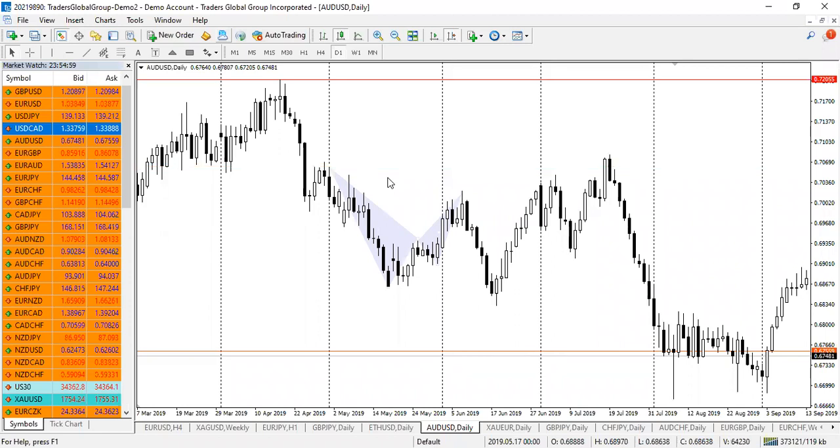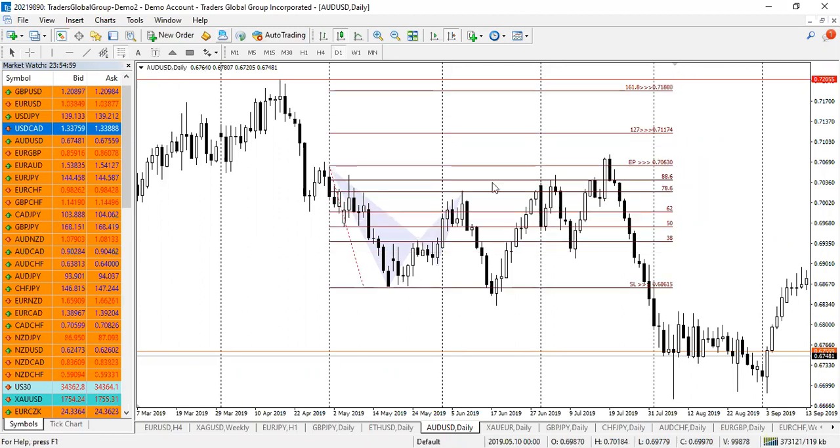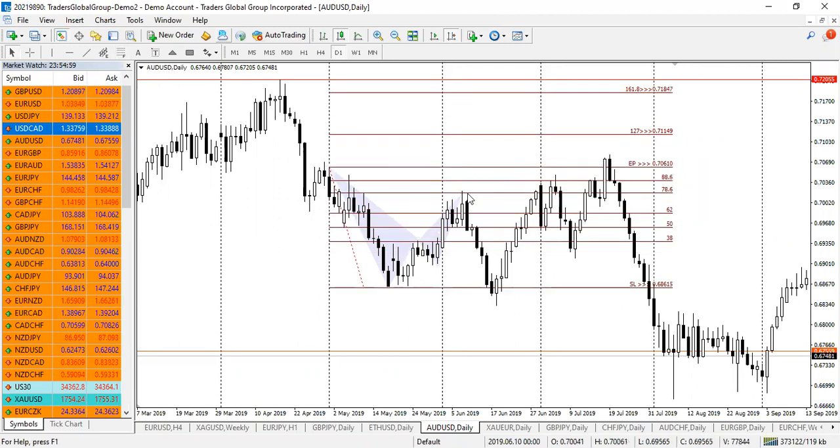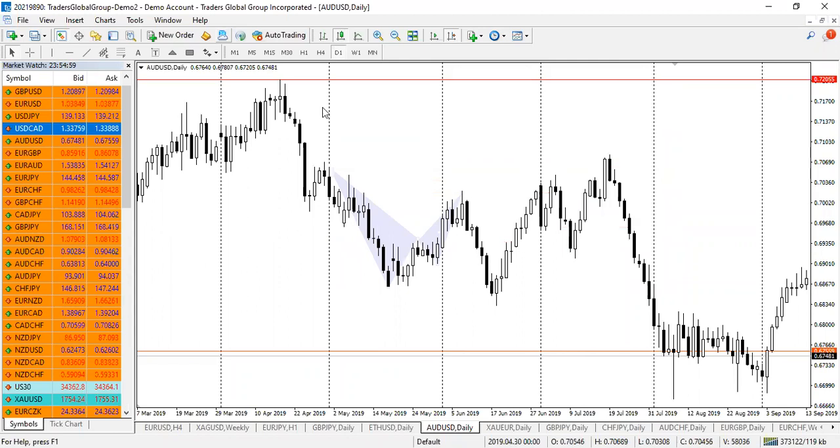Now, if we have this, then we take our measurements. If we do our measurement from this high as A to this low, what we have up there is a 78.6 retracement. Now you need to confirm the move.